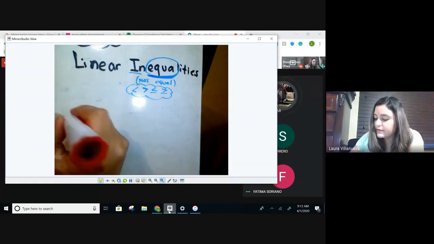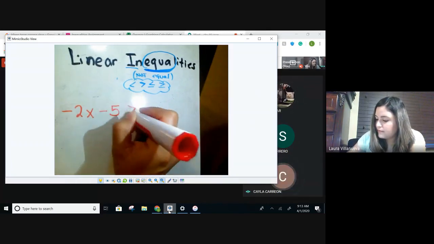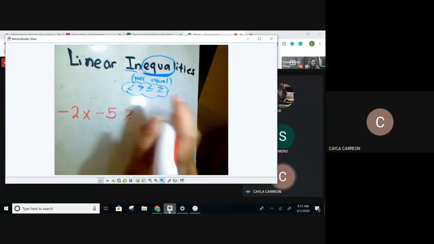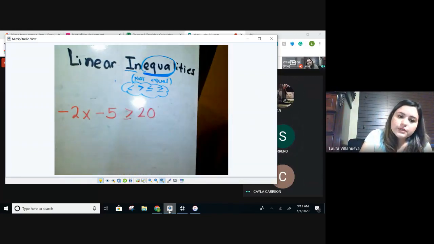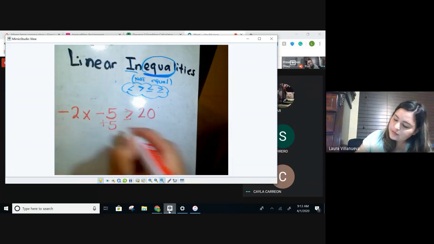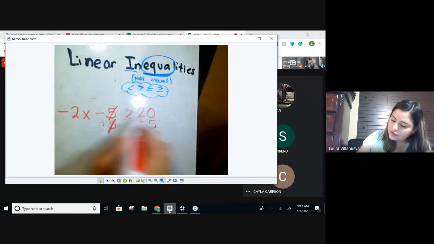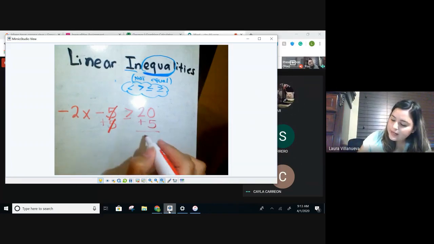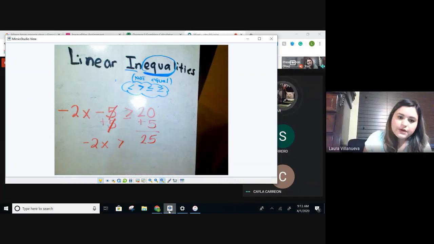Now, if you have something like this, what is going to happen is you're going to move the 5 over as a plus 5. Same thing, regular, same thing. You're going to move the number over and add these. You have negative 2x greater than 25.